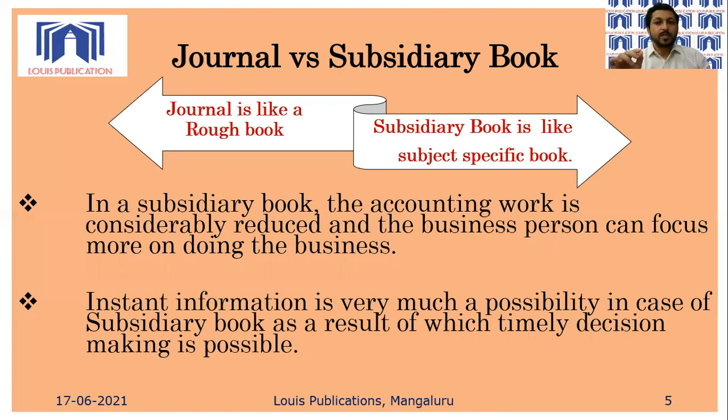So business decisions should be timely, and subsidiary book helps the business in taking timely decisions because any accounting information required is instantly available, because we maintain account specific books, information specific books, and that is called subsidiary books. So subsidiary books have a lot of advantages in comparison to a journal.